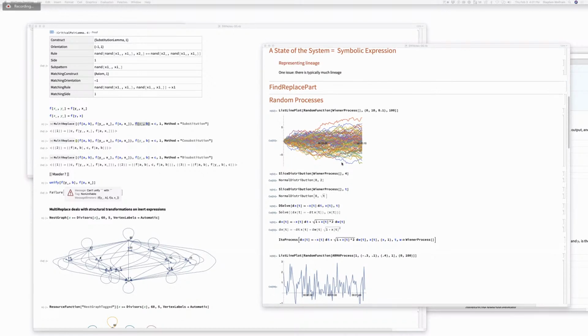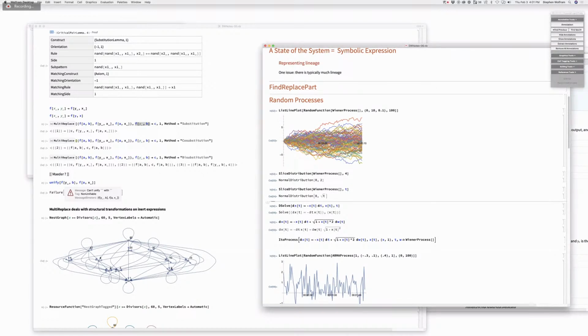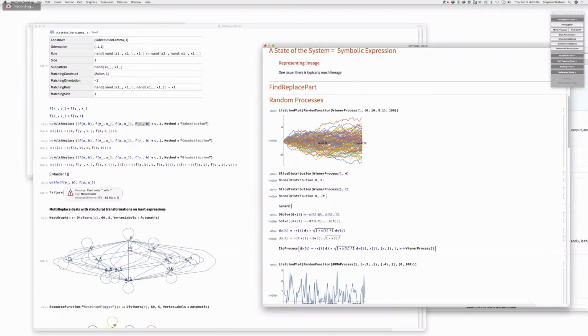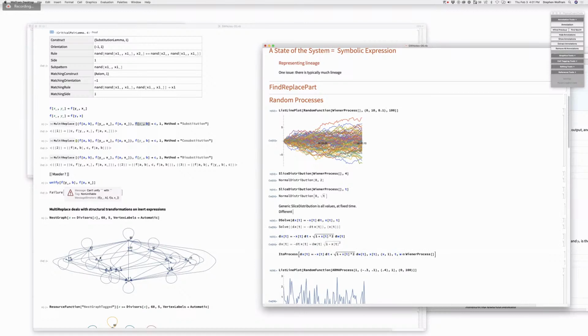Right? The generic slice distribution is all values at fixed time. Yes, at fixed time or multiple times.